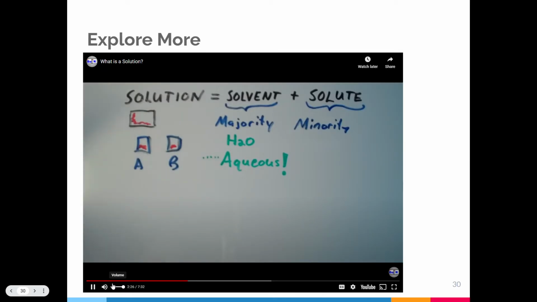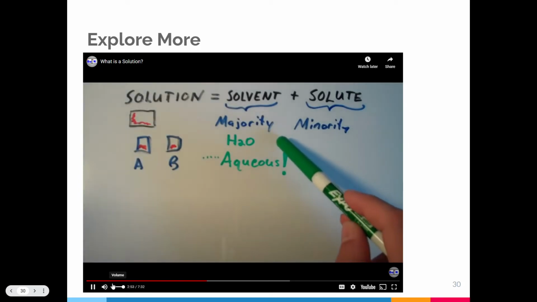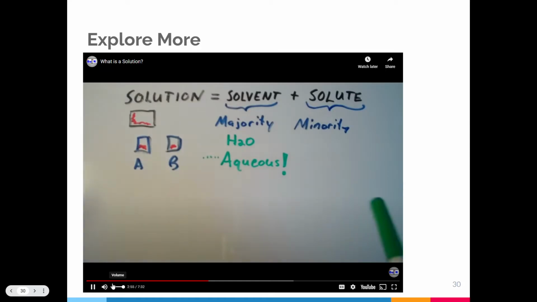Although the term universal solvent just means that water is abundant and that it behaves as a solvent in many reactions. If there was indeed a universal solvent, then it would dissolve everything. It would just eat through everything. There'd be no way to contain it. You wouldn't be able to have a container for it. So there really is no such thing as a literal universal solvent. But H2O is just a solvent in many reactions, and it is very abundant.